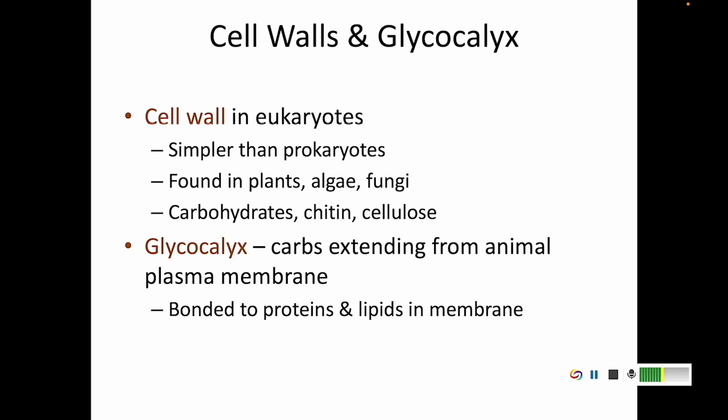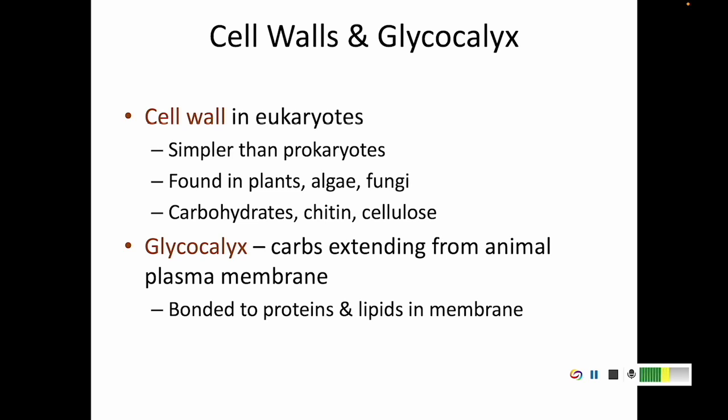Eukaryotic cells sometimes will have a cell wall. They are typically going to be simpler than they are in prokaryotes. Where prokaryotes had more complicated structures of different types of sugars and proteins, in a eukaryote, it's typically going to be a carbohydrate like chitin or cellulose.